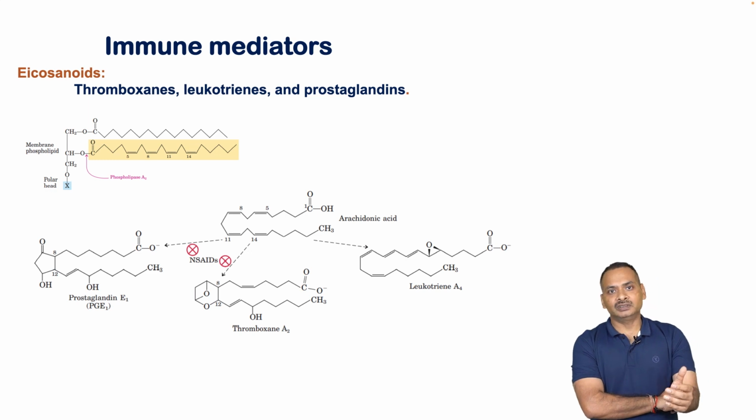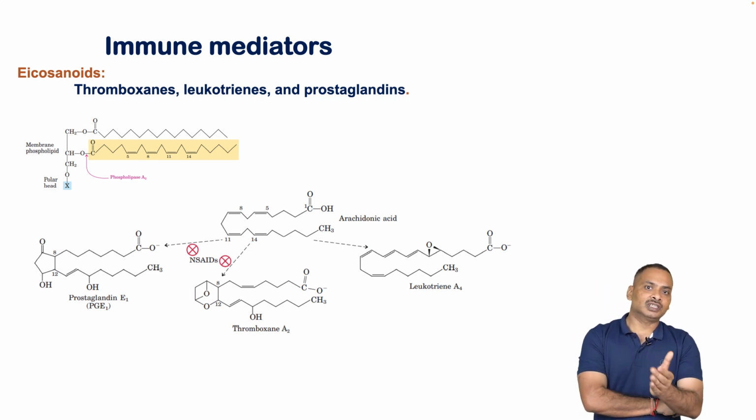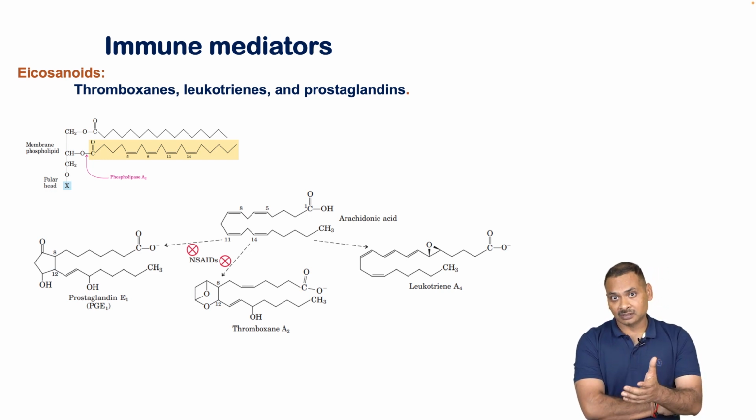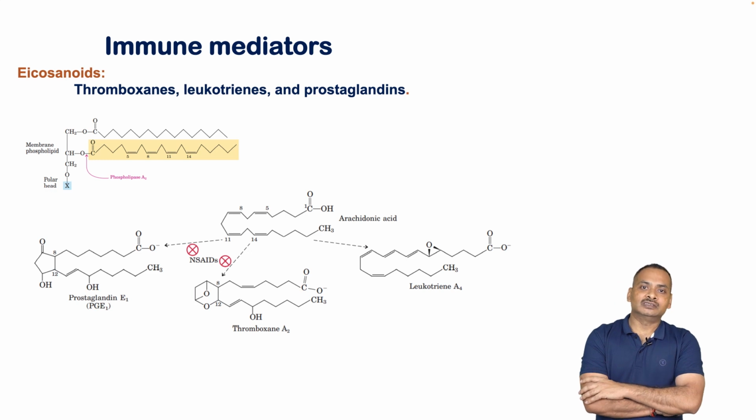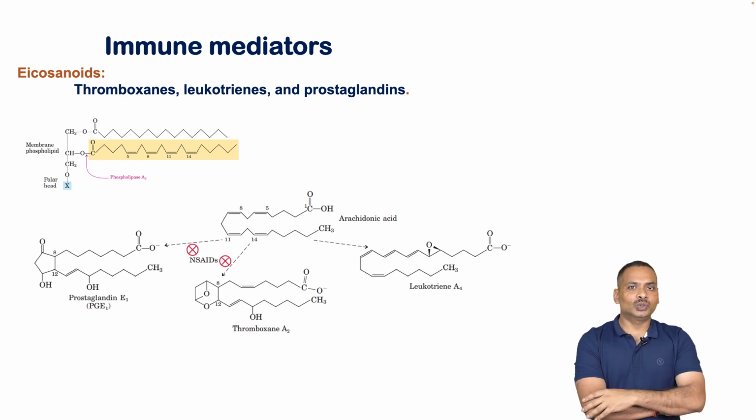For example, here you can see there is prostaglandin E1, there is thromboxane, and leukotriene. All these are very active immune mediators and they play a very important role in inflammation.